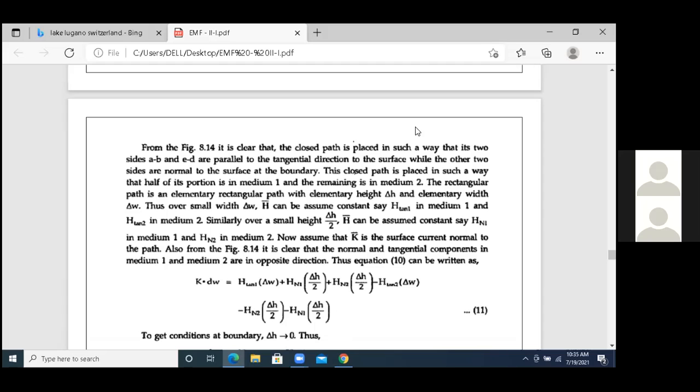Say H tangential 1 in medium 1 and H tangential 2 in medium 2. Similarly, over small height, delta H over 2, H can be assumed to be constant. So H normal 1 in medium 1 and H normal 2 in medium 2.